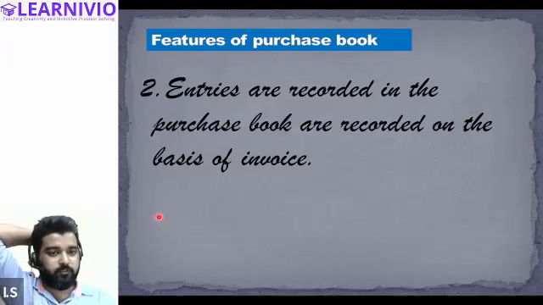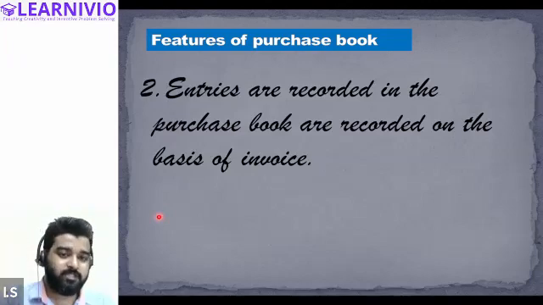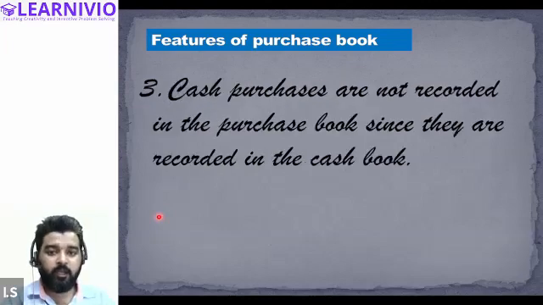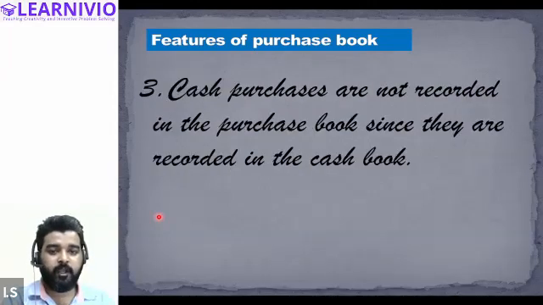This is called a purchase invoice. If you want to record any transaction in the purchase book, it will be recorded on the basis of purchase invoices. And a purchase invoice is basically a purchase bill. The third feature of the purchase book is that cash purchases are not recorded in the purchase book, since they are separately recorded in the cash book.